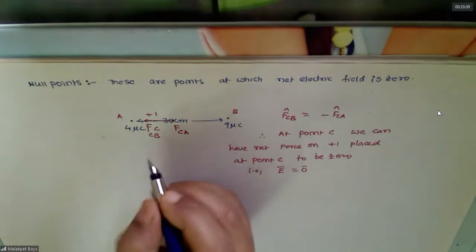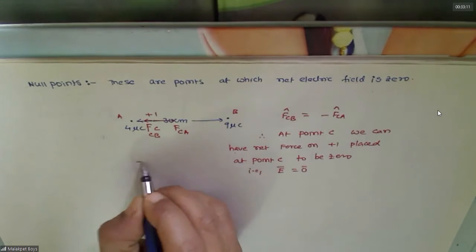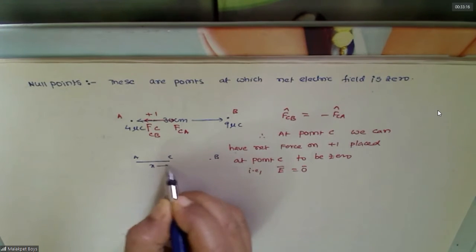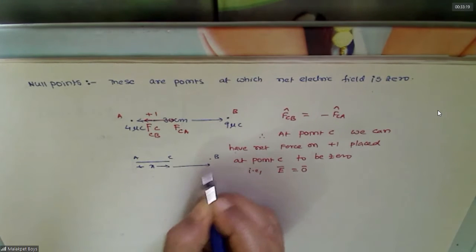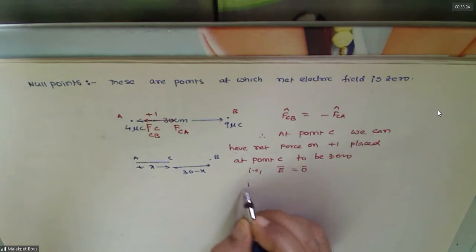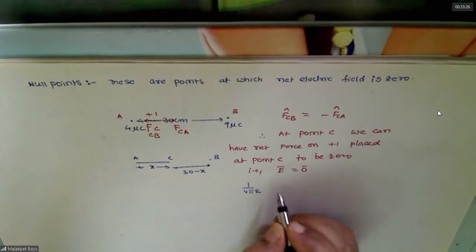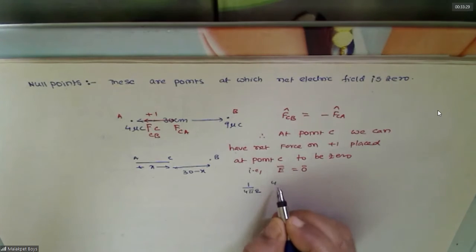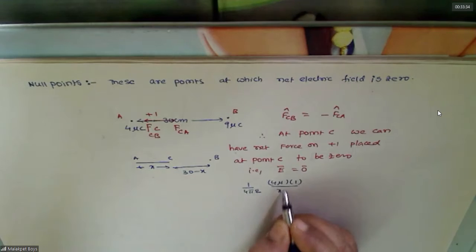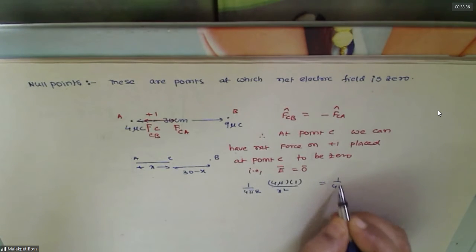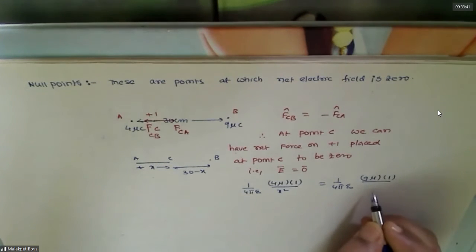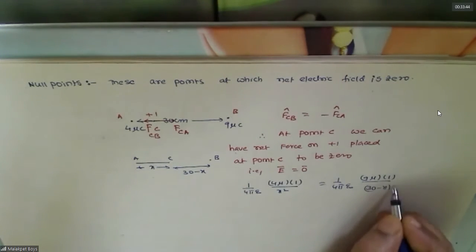Now can you tell, suppose the distance is x. Now I can say that, magnitude wise, 4 micro by x square equals 9 micro into 1 coulomb by 30 minus x whole square.